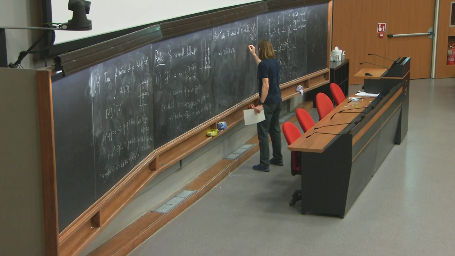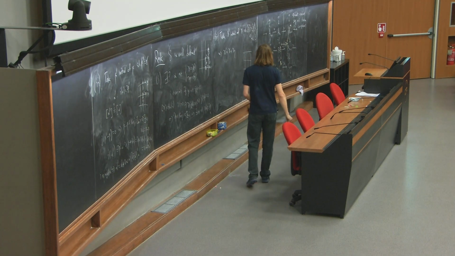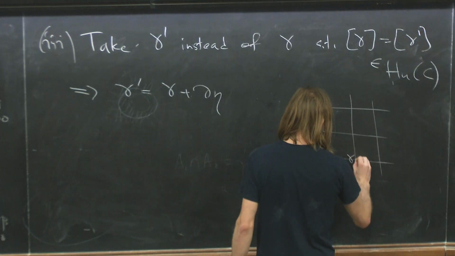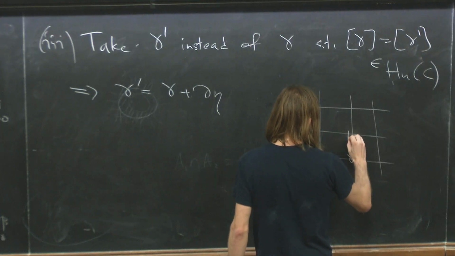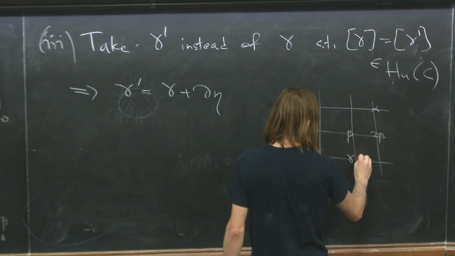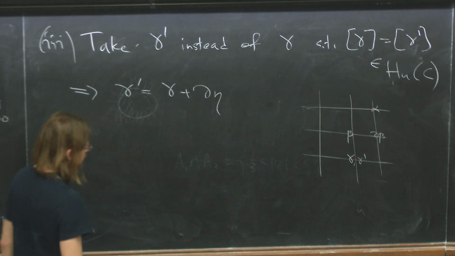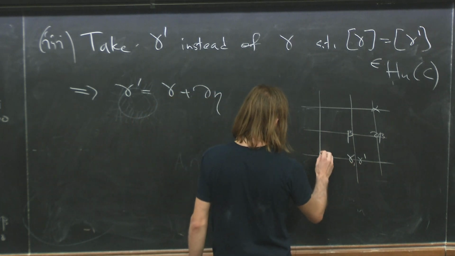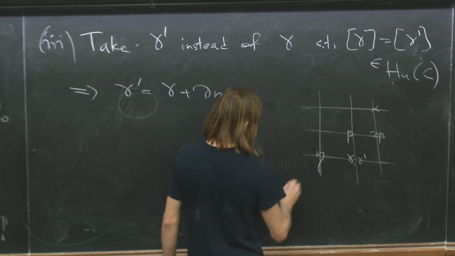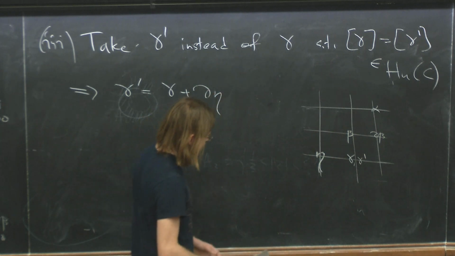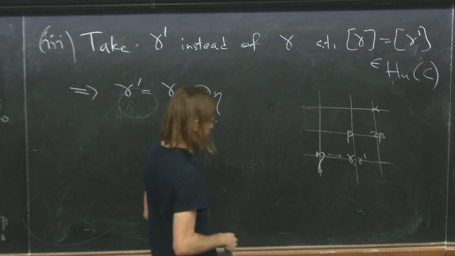And if you look at this schematic mini version of our diagram, we have gamma here, which we lift to beta, then we have d beta here and alpha. And now we take another gamma prime here, so that the preimage of the difference under this d map is some eta.